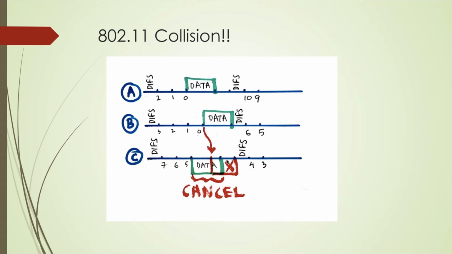What immediately will happen is that this previous data transmission will be canceled, and also B cannot send data to C as well. So everyone will go to DIFS, and this total time of transmission here will be lost in the channel. So that's what a collision is, and that's why throughput goes down and the whole network performance goes down because of a lot of collisions.